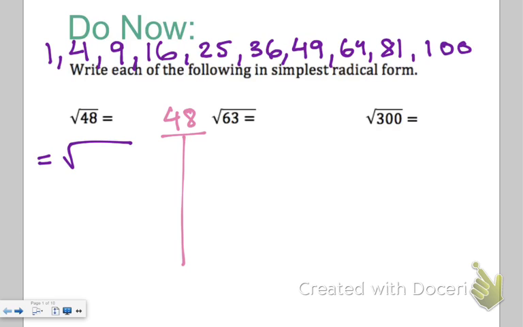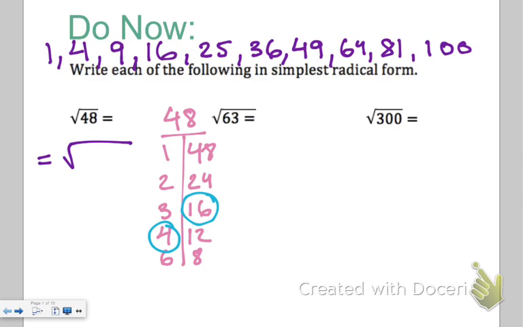So for example, the factors of 48 are 1 and 48, 2 times 24, 3 times 16, 4 times 12, and 6 times 8. So if we look at our list of factors, you'll notice that 4 is a perfect square number and 16 is a perfect square number.